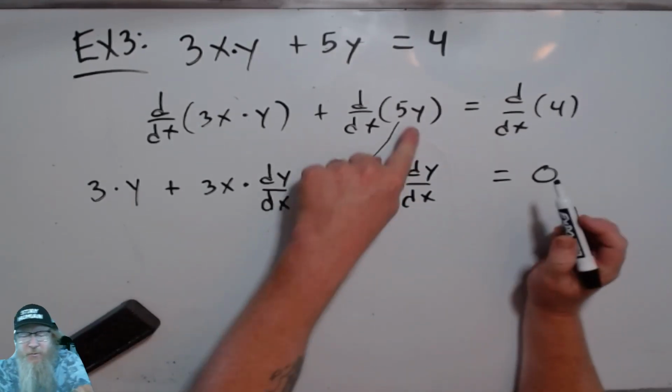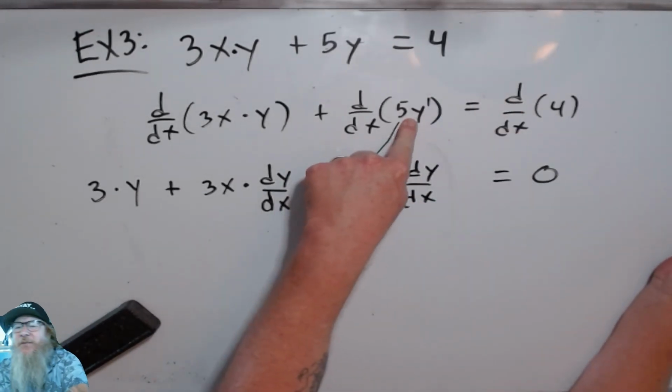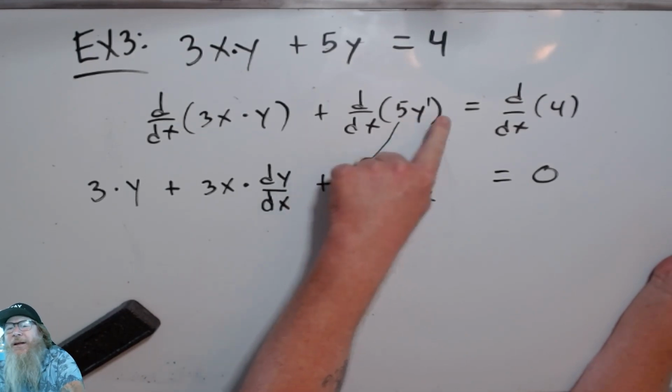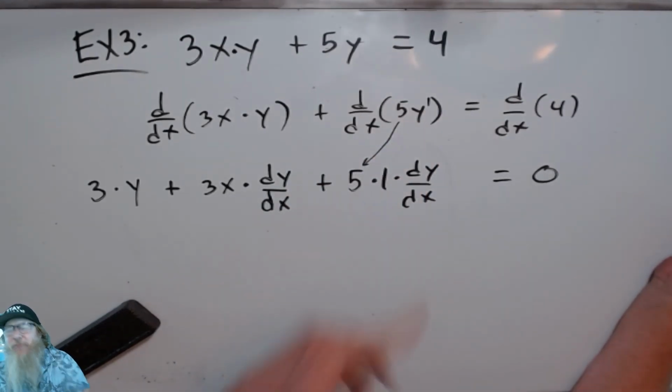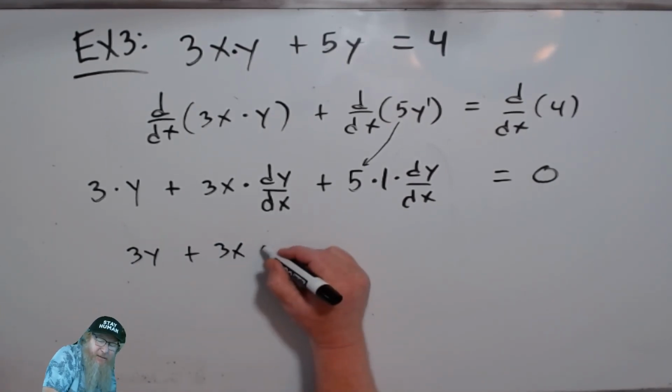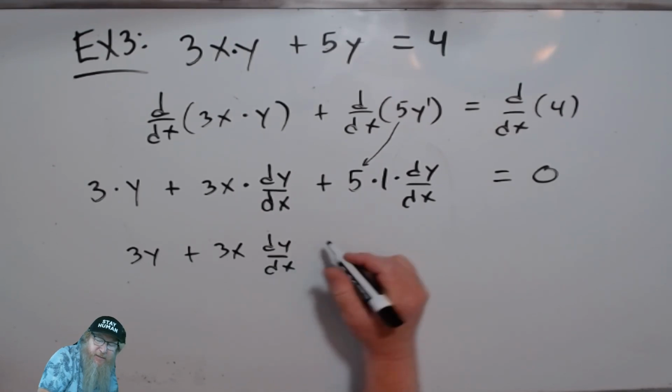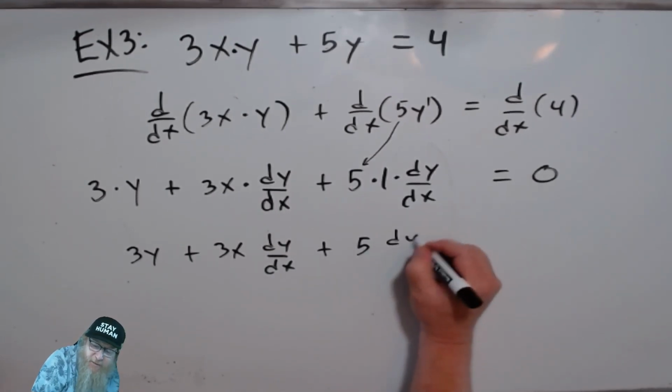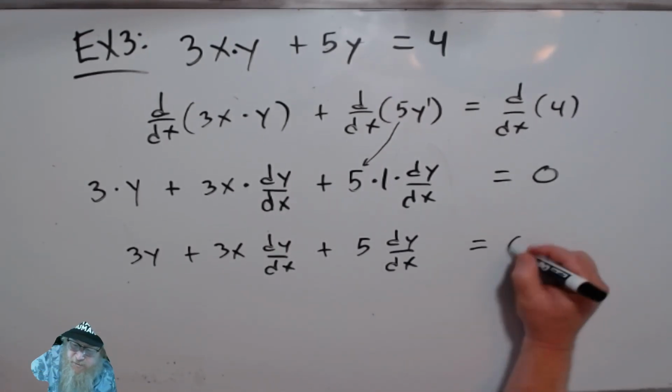The derivative of y, because technically that's y to the first power, is 1, but nobody ever writes the 1. So I've got 3y plus 3x dy dx plus 5 dy dx equals 0.